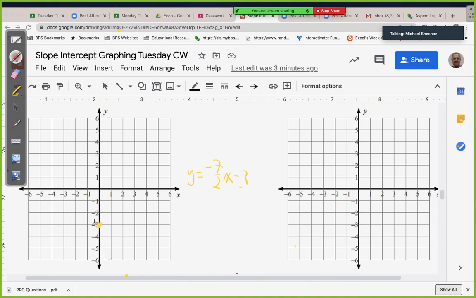So I'm going to think backwards here. I'm going to think up 7, 1, 2, 3, 4, 5, 6, 7, and back 2. And put a point here. You see that? Yeah. So now it's going down 7 and over 2. And then just make your line like that. And this is for number 7.